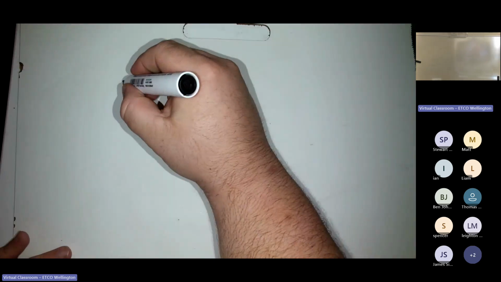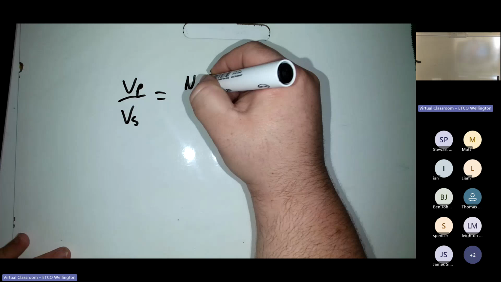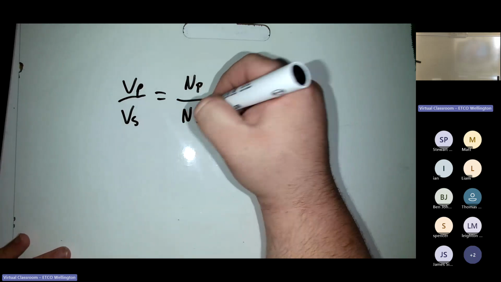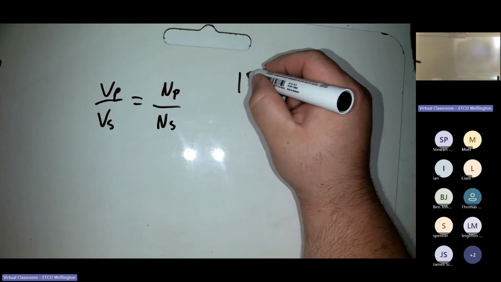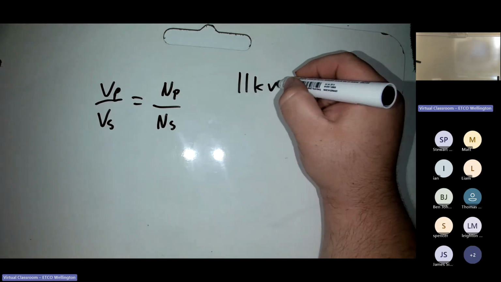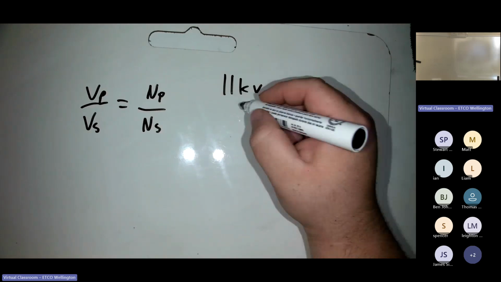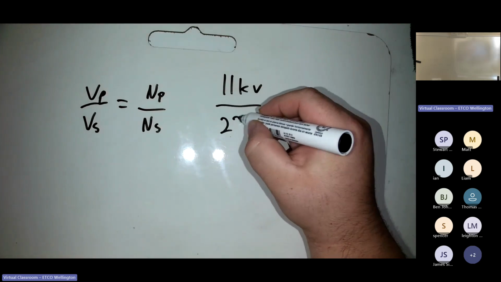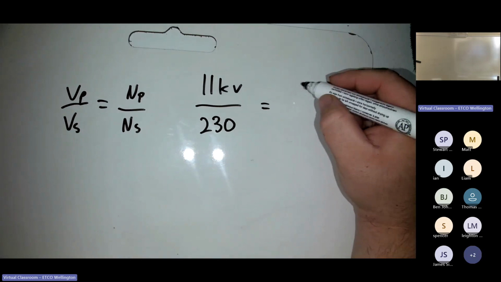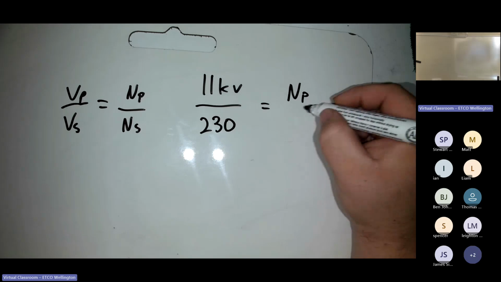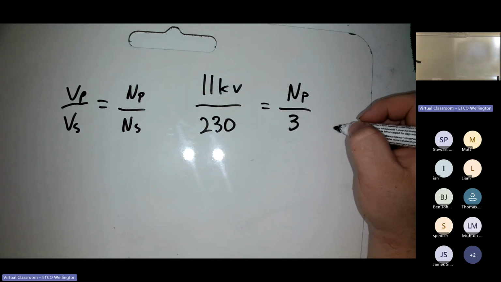So we know VP over VS equals NP over NS. So we have an 11 kV transformer down to 230, and we do not know the number of primary turns, but we do know that it has the equivalent of 3 turns on the secondary.